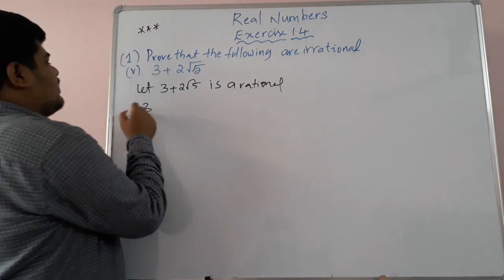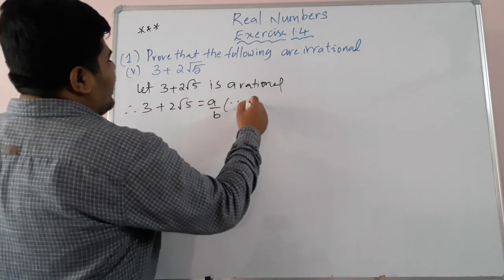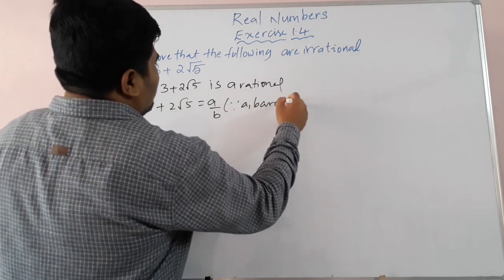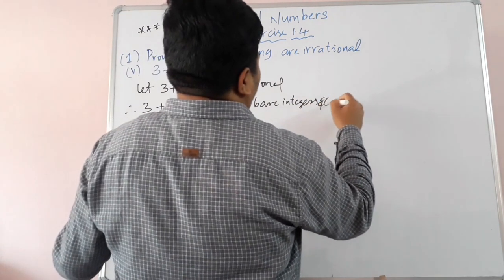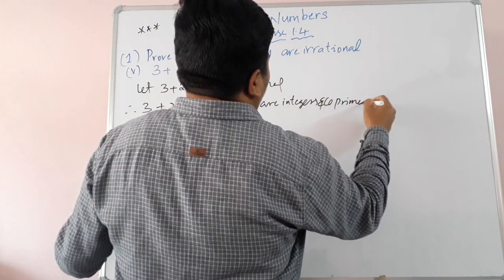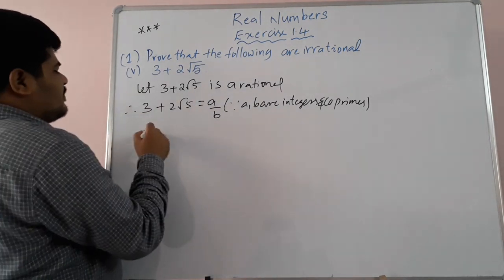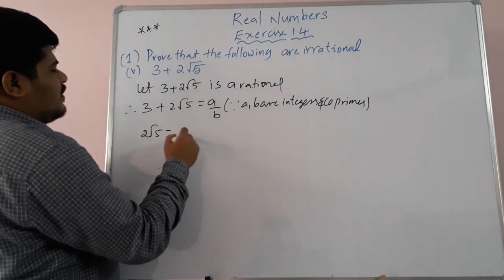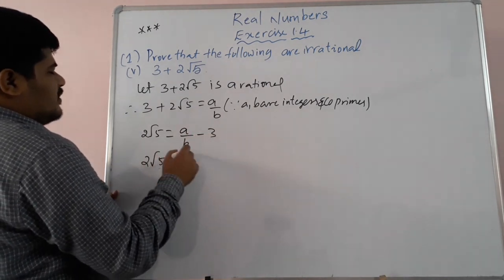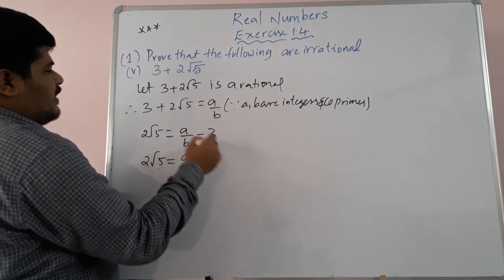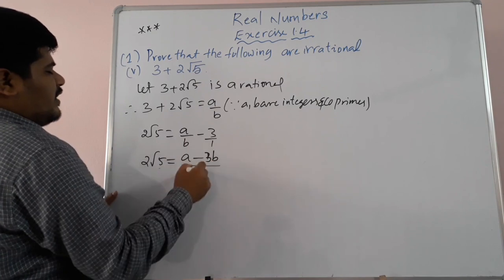Therefore, we can write 3 plus 2 root 5 is equal to a by b, where a, b are integers and co-primes. Now children, you can transpose 3 to the other side. That is 2 root 5 is equal to a by b minus 3. So 2 root 5 is equal to (a minus 3b) by b, since 3 into b by b is 3b by b.